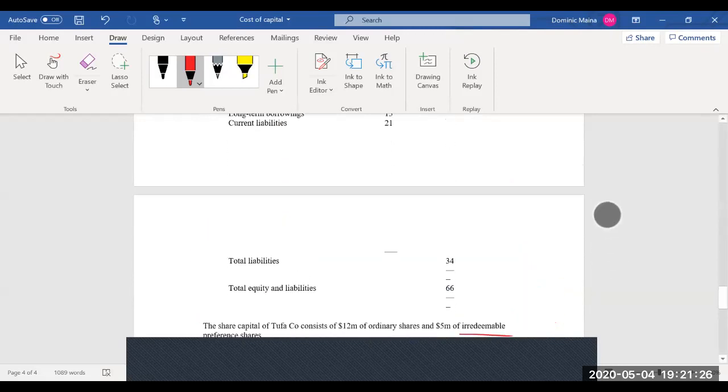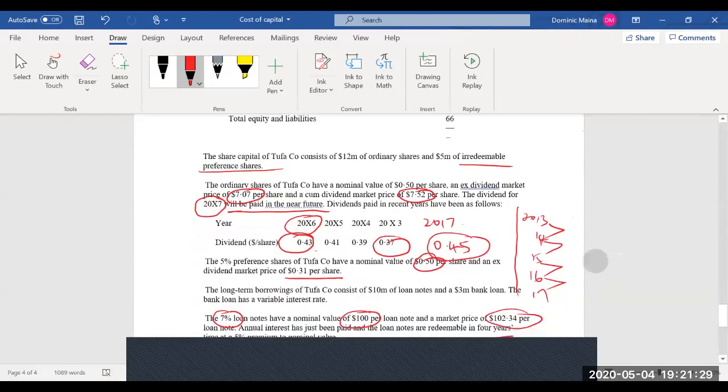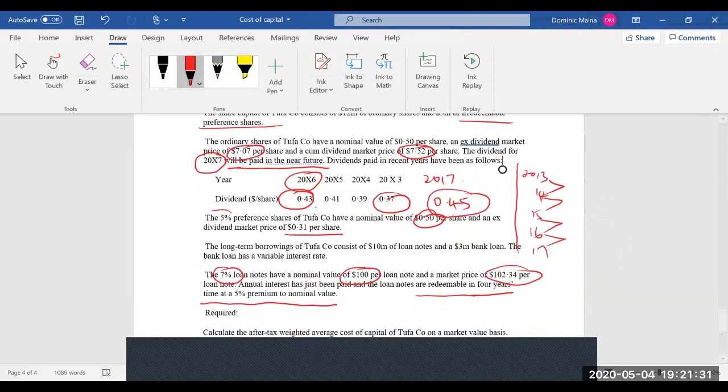I know where you may have gone wrong on the preference shares: the rate of the dividend is a percent, and maybe that's why you got confused. That always applies to preference shares. However, what is being paid is not an interest but a dividend, and that's why we don't apply tax, just like in the case of equity shares.